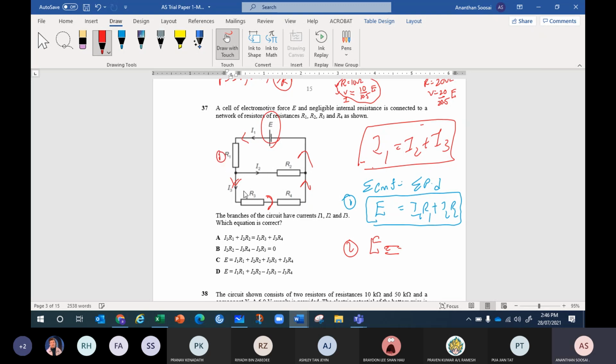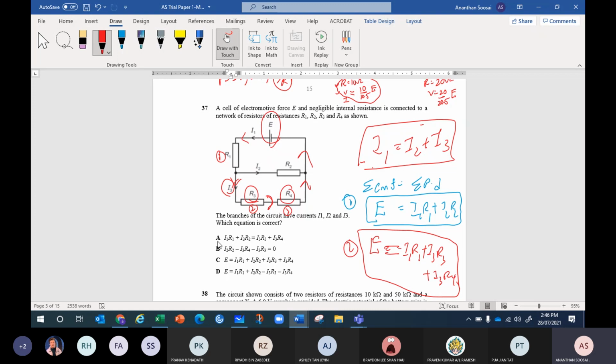Here R1, here R2, here R3 and R4. So E equals I1 R1 plus, coming here, I3 R3 plus I3 R4. This is the equation for the outer loop. Kirchhoff's second law: sum of EMF equals sum of PD.